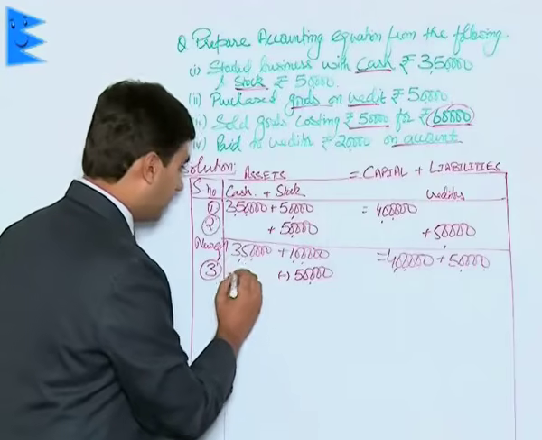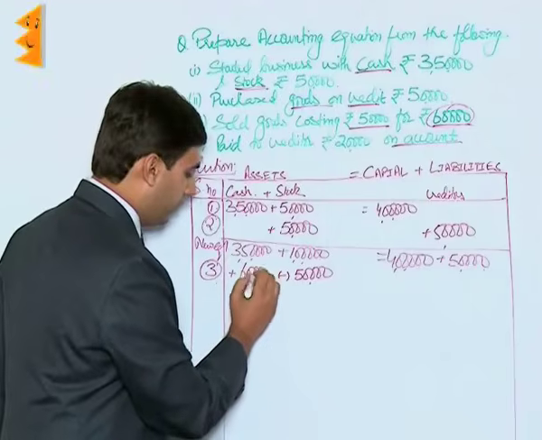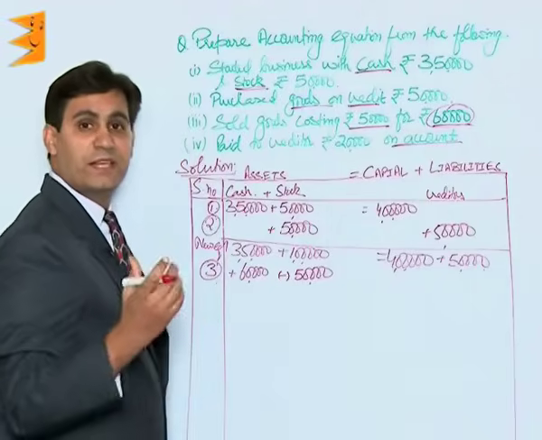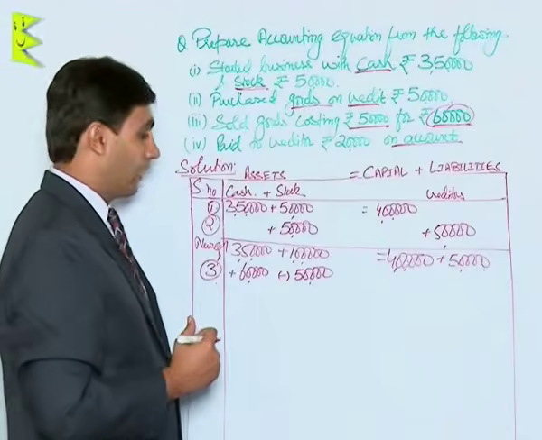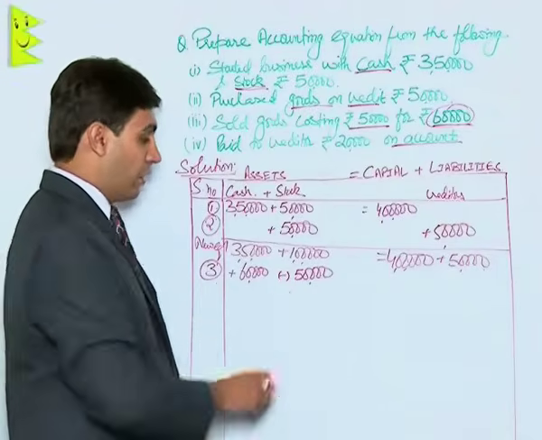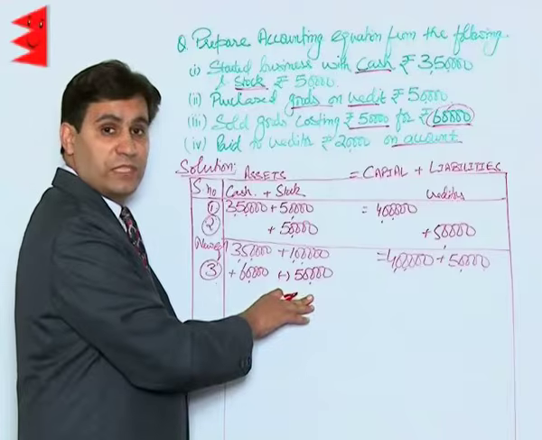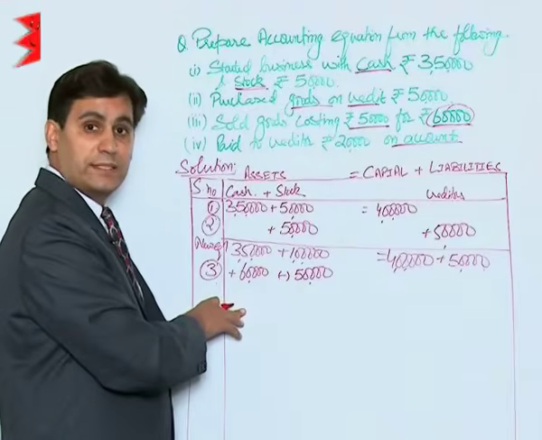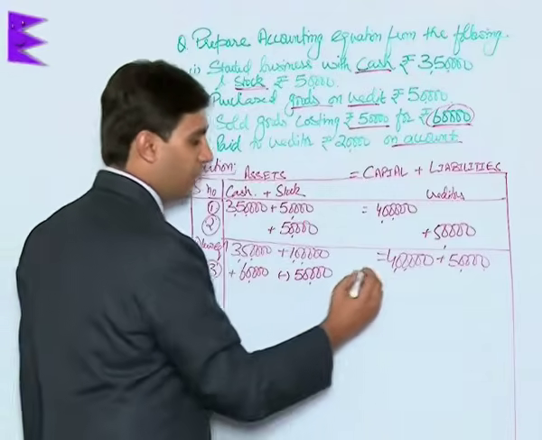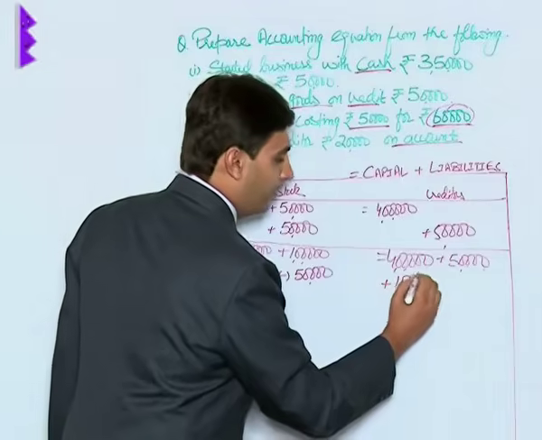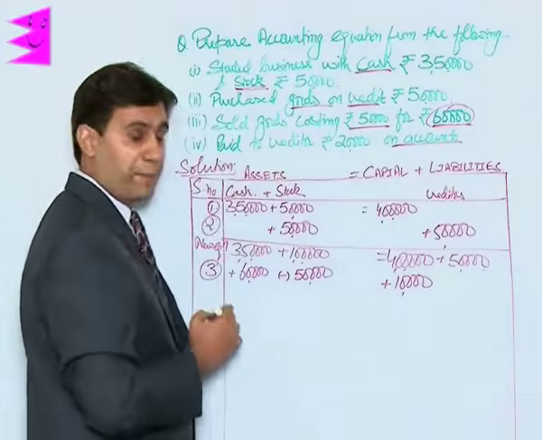So this 60,000 would be added to the value of cash, since we are receiving in cash. Now in this transaction, an asset for rupees 50,000 was sold off for rupees 60,000. So there is a corresponding profit of 10,000 and profit would be added to capital.